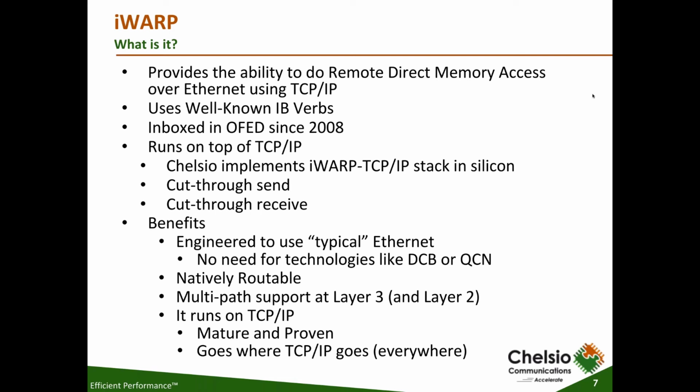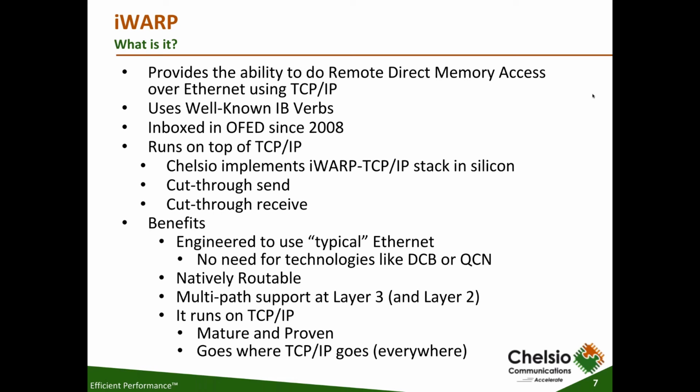Because of the Chelsio ASIC design, the ASIC implements iWARP and TCP/IP in silicon. This allows processing of packets that would normally need to traverse back to the CPU to be processed right on the chip. iWARP is engineered to use what you would call typical or traditional Ethernet. As a result, all the congestion and retry mechanisms that may be needed are implemented, tested, and proven in the TCP/IP infrastructure.